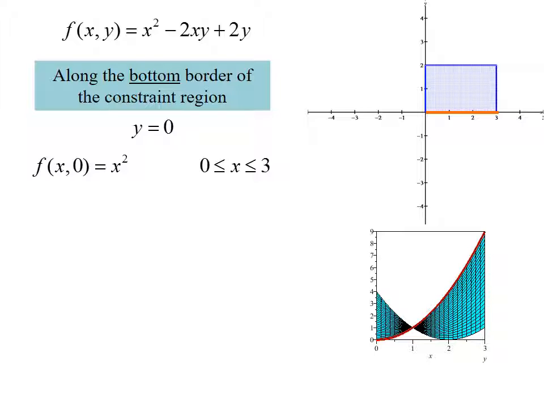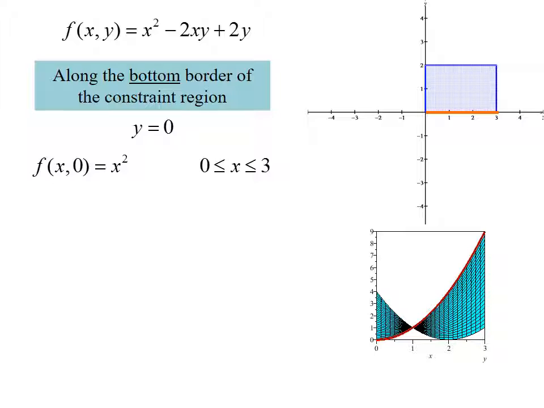Now you see all I've done is taken the graph of the function that we had originally and twisted around so that we're looking at the xz plane, not the xy plane. So that's the graph of the function z equals x squared on the interval from 0 to 3.